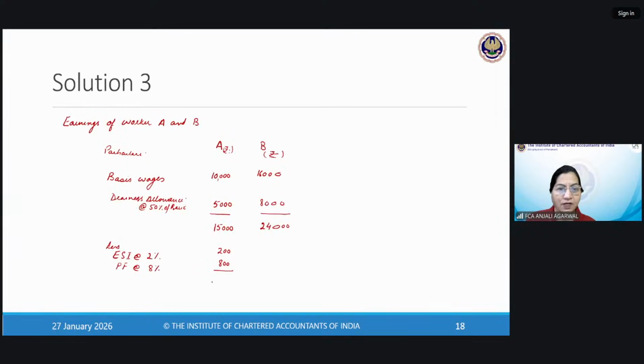So their take home would be 14,000 for A, earnings of A that he can take away, and here 2% and 8%. So this will be deducted. So this is the money earnings of the worker A and B.